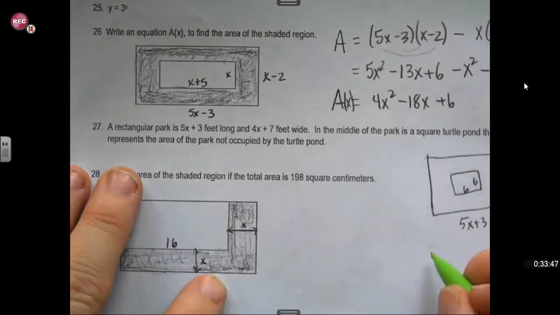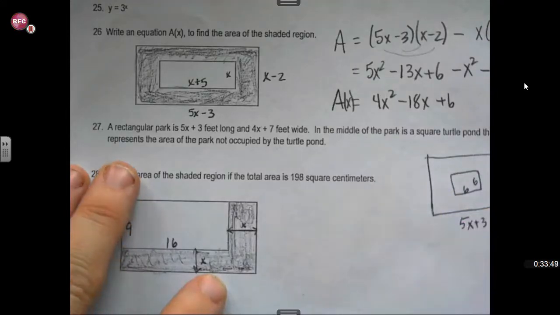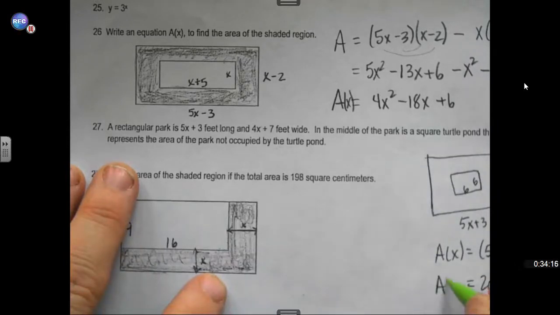And again, it's just asking for the expression. So A of x equals 5x plus 3 times 4x plus 7 minus 36. So the 20x squared plus 35x plus 12x would be plus 47x plus 21 minus 36.